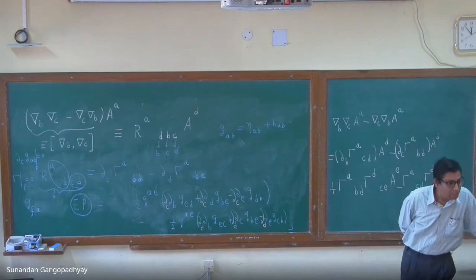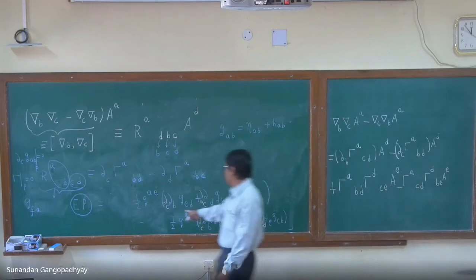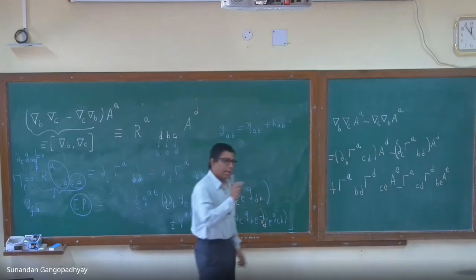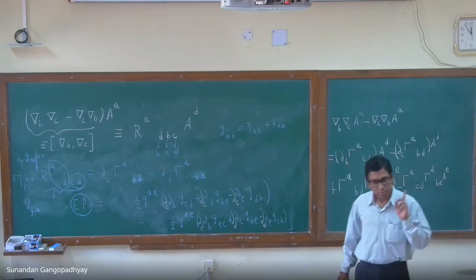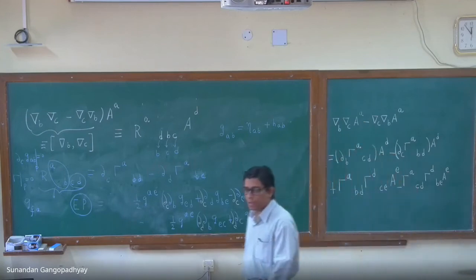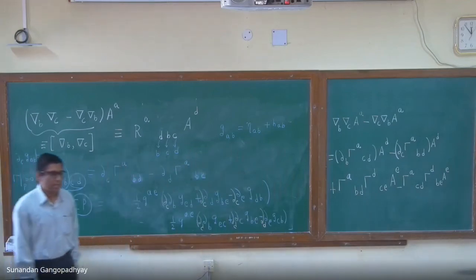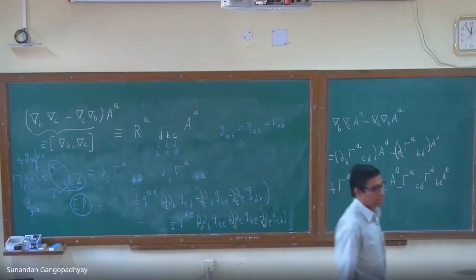The first derivative of gamma is not 0, and this term is the second derivative of G. That is not 0. The first derivative of G is 0, that implies gamma is 0. But the second derivative of G is not 0, that implies the second derivative of gamma is also not 0. So everything is consistent.